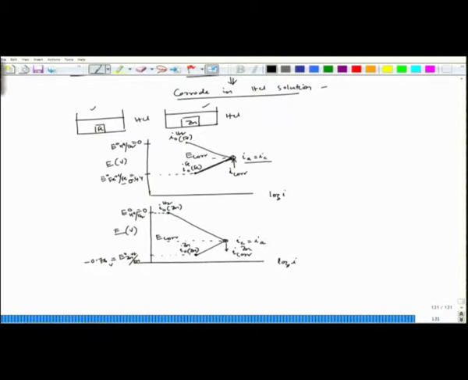Now, interestingly, if you are plotting it on the same marking or the same values, I see that the corrosion rate of iron in HCl is a little more than that of zinc, but zinc E0 is lower than E0 of iron.